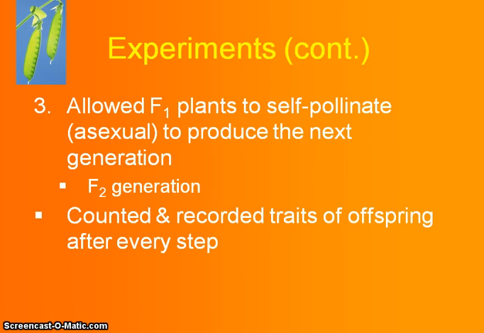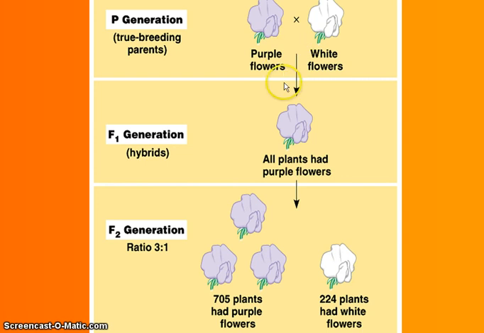And what he discovered was that whenever he crossed 2 pure plants in his P generation, the F1 generation, or the combination of those parents, all had 1 trait. You never saw the second trait that was being crossed. But when he allowed those plants to self-pollinate and produce another generation, he started to see that trait appear again, and it was always in a 3-to-1 ratio.